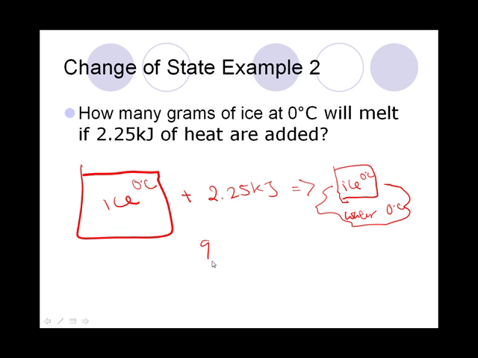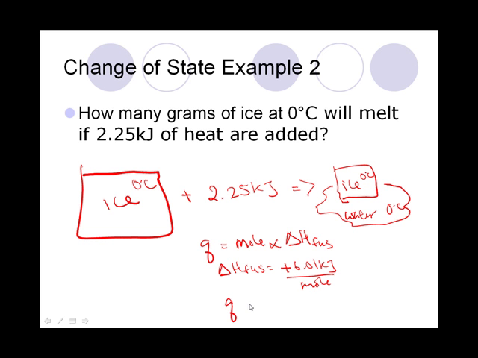So I know that the formula is Q is equal to the number of moles of water times the heat of fusion. I know that heat of fusion is positive 6.01 kilojoules per every 1 mole.